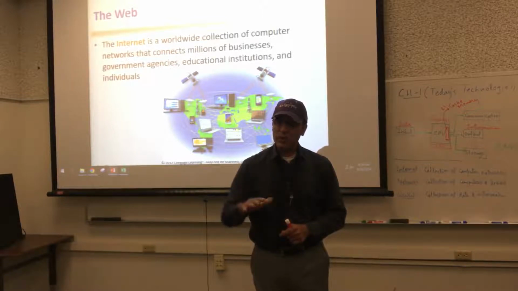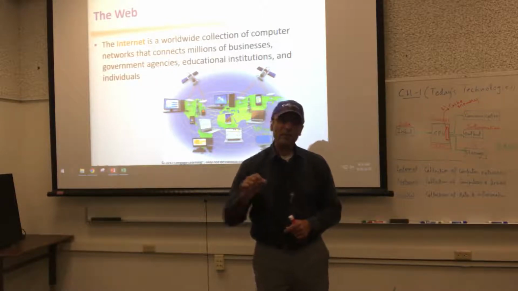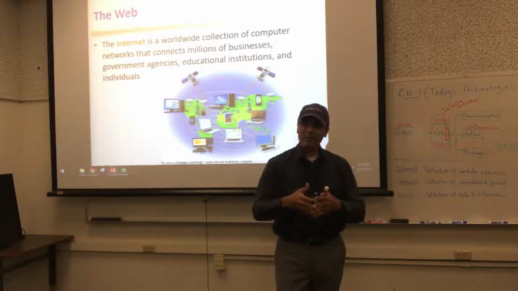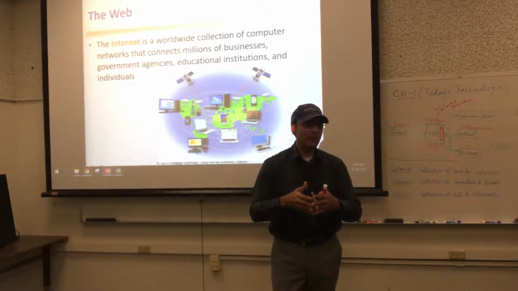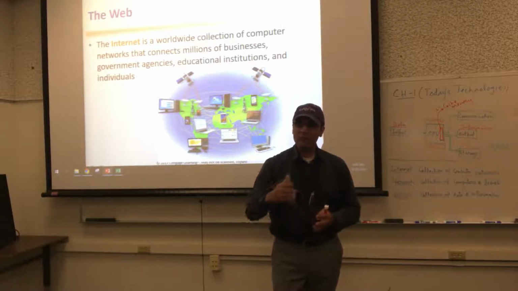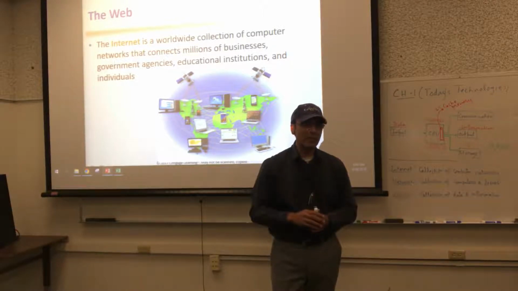Sometimes you hear in the news that a ship damaged a country's fiber optic infrastructure. For a week, a month, or 2 months, sometimes they don't have the internet, or they have to use an alternate way to get connectivity. Right now we are using fiber optic.